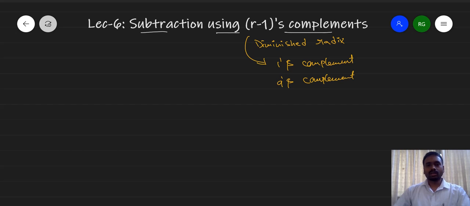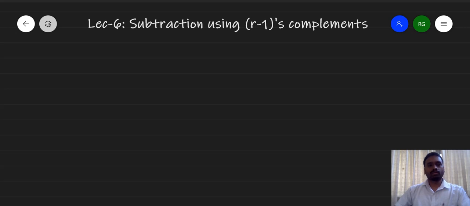So let us see what are the steps involved in the subtraction operation by using the r-1's complement system. To perform subtraction between two numbers, say m and n, that is m minus n, the following steps are followed.